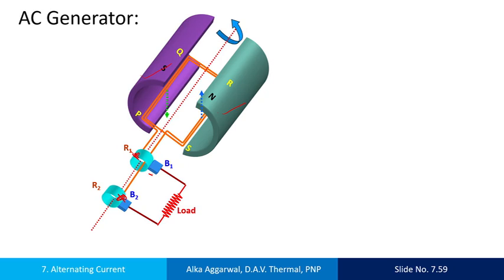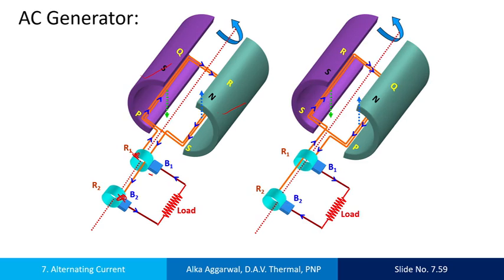As we rotate the armature, there is a change in the flux linked with the coil. Due to the change in the orientation of the coil, the current is produced. The direction of the current here is PQRS, then B2 to B1 is the direction of the current.